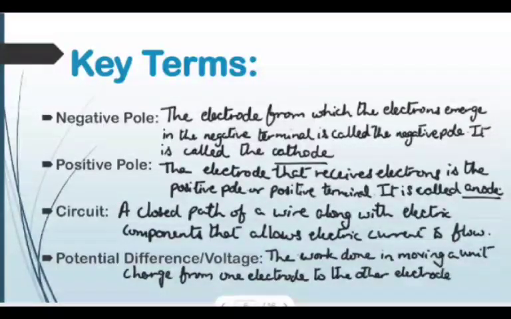And what is the unit of potential difference? The unit is volt. Children, understood what is potential difference? It is the work done between the two electrodes.